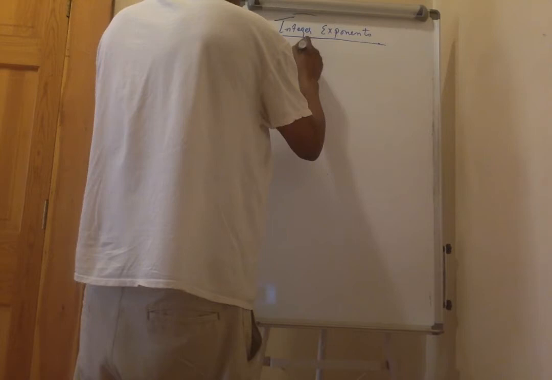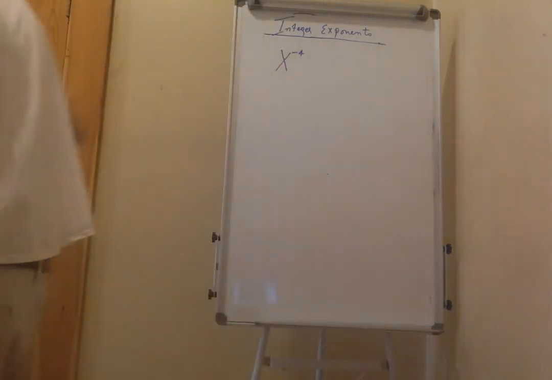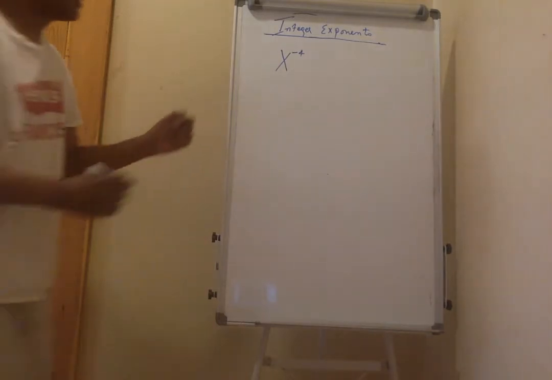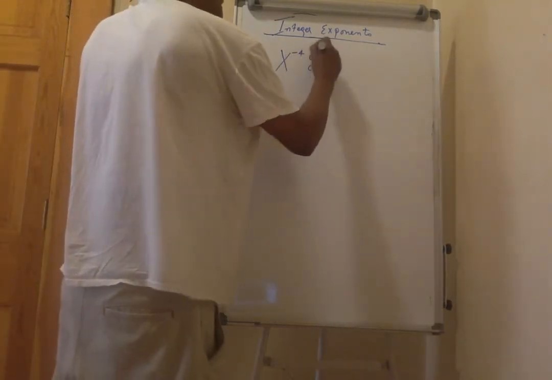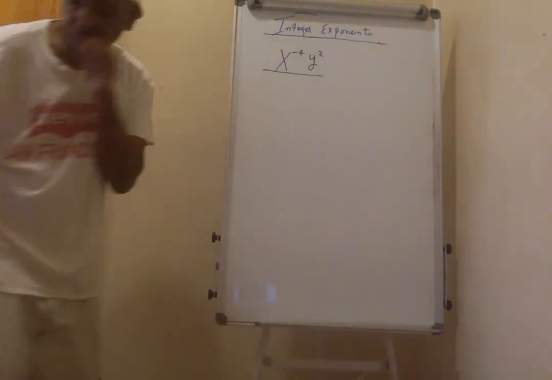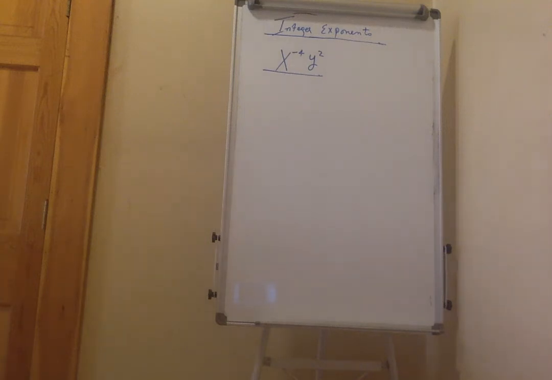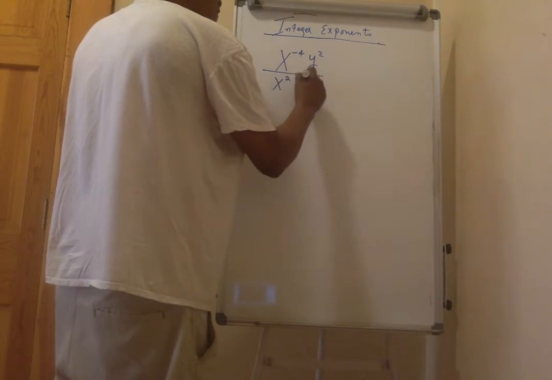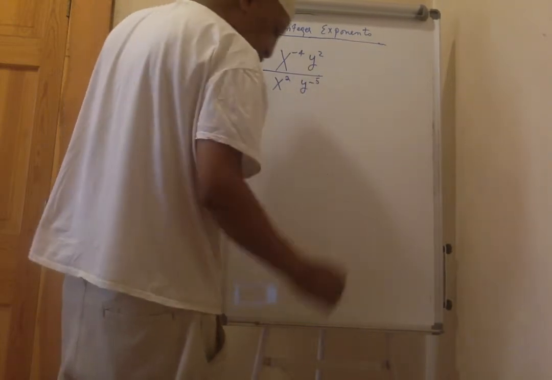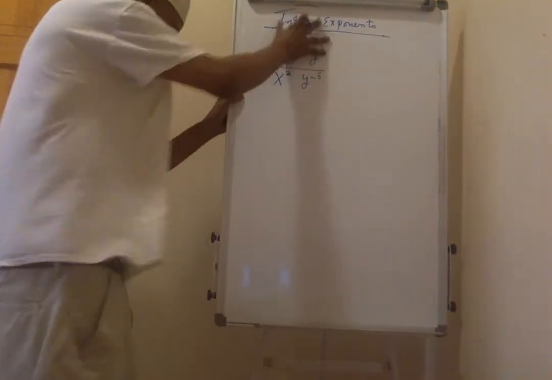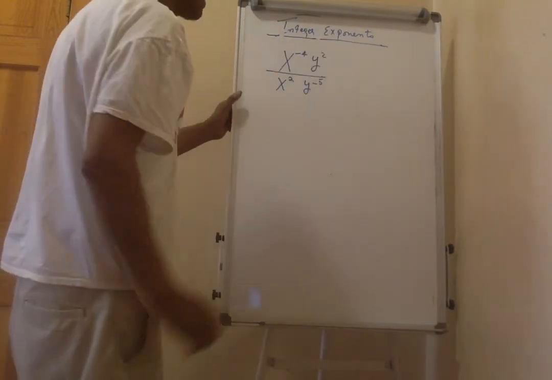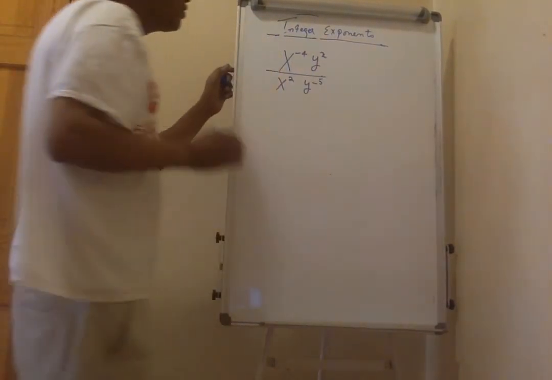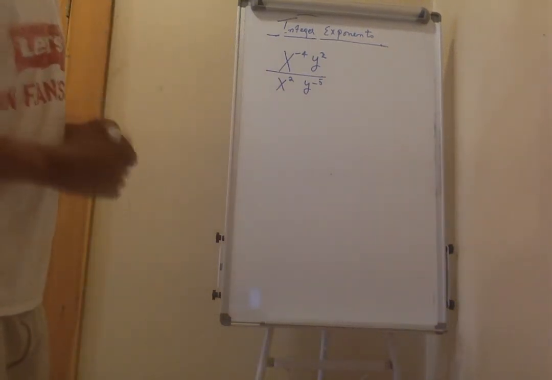So x to the negative 4 y to the second over x to the second y to the negative 5. So you have to use all the rules that we discussed so far. Okay, so do them piecemeal wise.